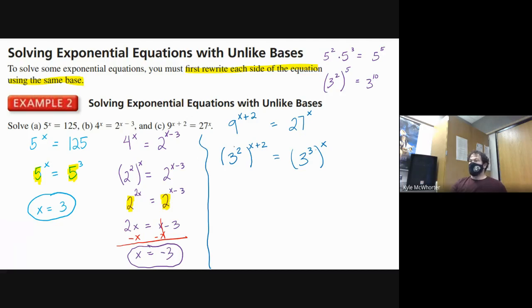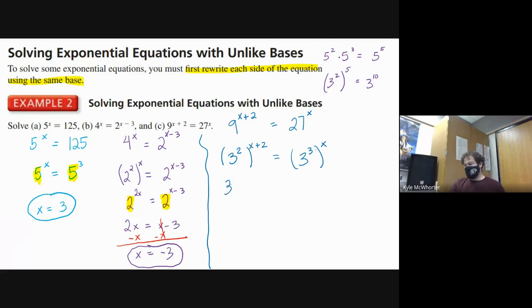Now, there's a little nuance here that you have to remember. We talked about how if you have a power raised to a power, you multiply the exponents. But since this exponent is a binomial, has two terms, we have to distribute when we multiply, right? 2 times parentheses x plus 2. So I'll write the extra step here.